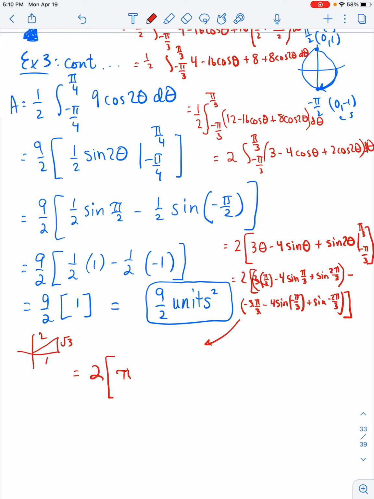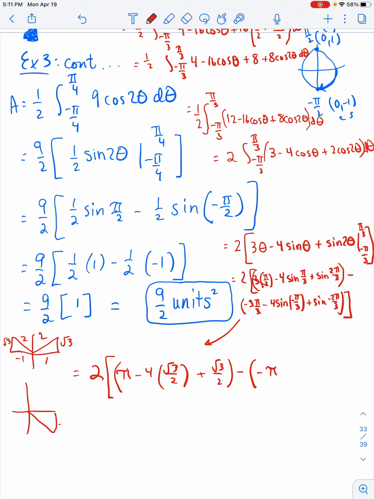Now, let's think about pi over 3 here. We've got a 60-degree angle. So our 4 minus 4 times the sine is going to be 4 times square root of 3 over 2. Plus, and then we've got the sine of 2 pi over 3, which is over here. And again, 60 degrees, square root of 3 over 2, minus, this is going to be negative pi.